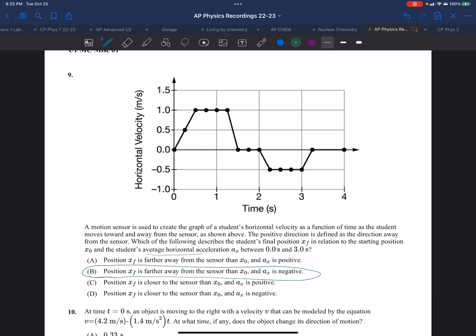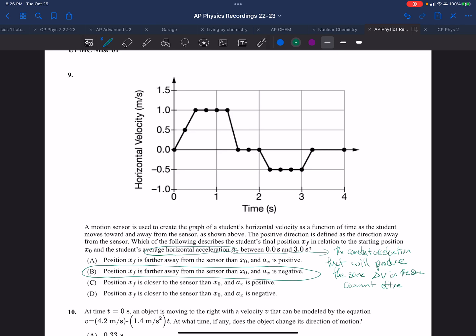If we define the average horizontal acceleration as the constant acceleration that will produce the same delta V in the same amount of time.